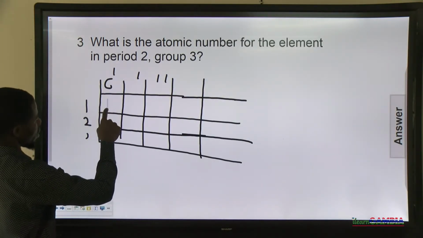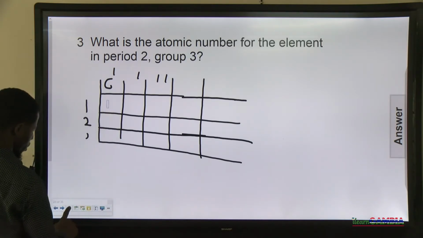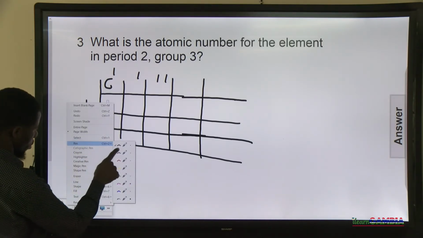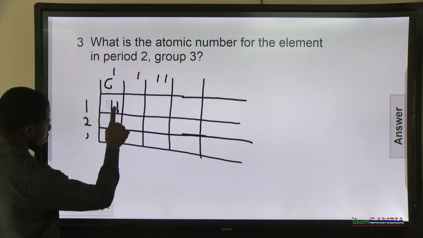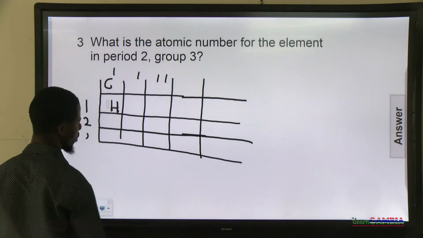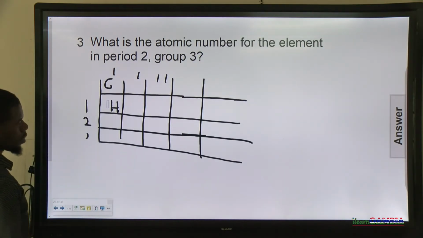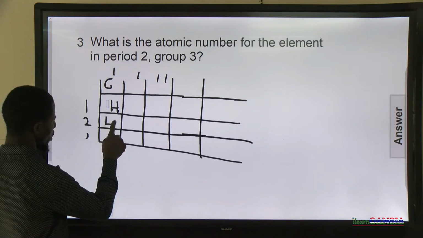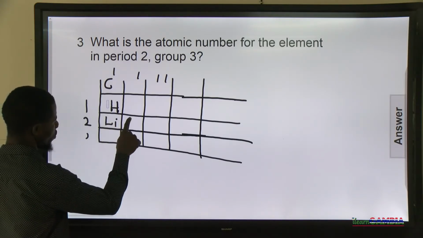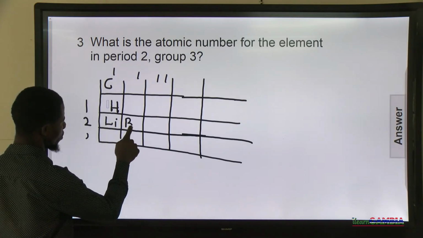So here we have hydrogen. The other end of the periodic table, under group 8, will have helium there. This one here will be lithium, followed by beryllium.